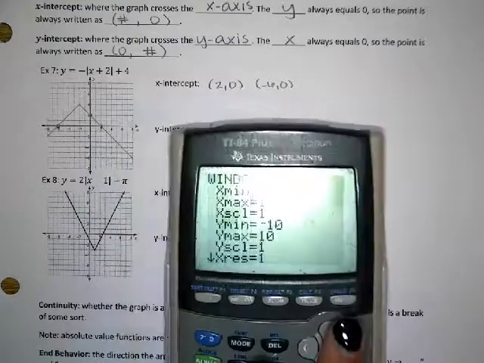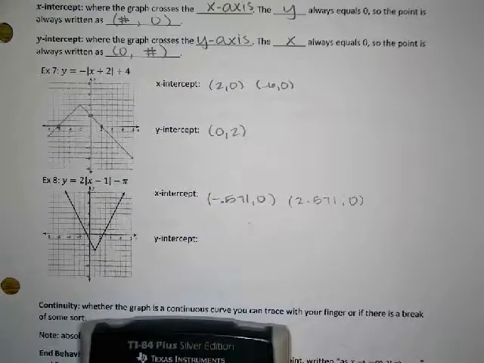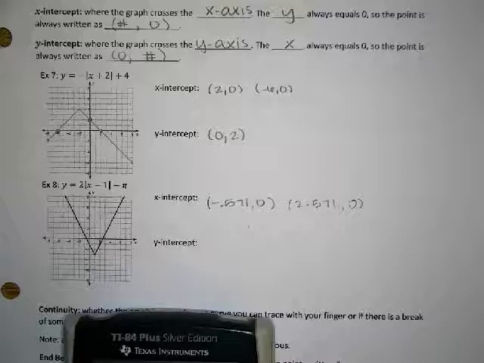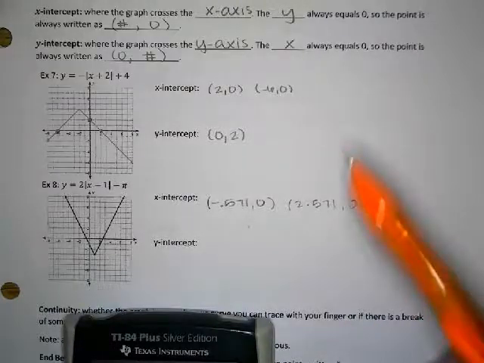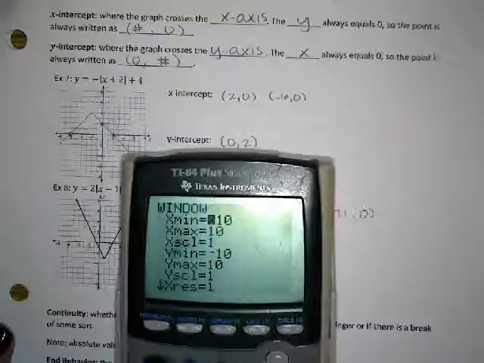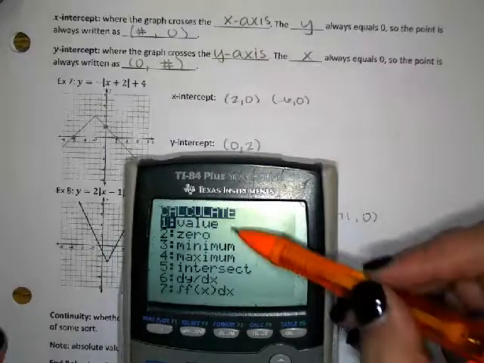Okay, next we want to find the y-intercept, and so for this one, we're going to choose the x value that we want to plug in. Again, this is the same as the previous, where there are lots of different ways different math teachers do this. You can look at the table, but the way that I like to do it is I do second trace, because this is a menu and there are lots of different things you can find.